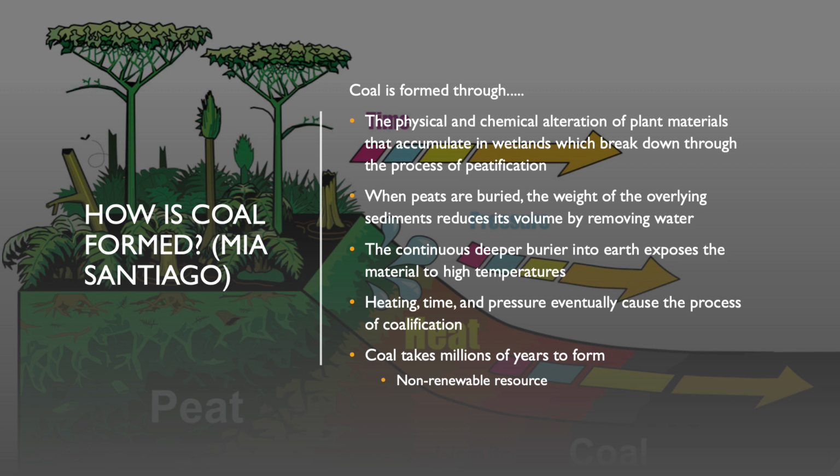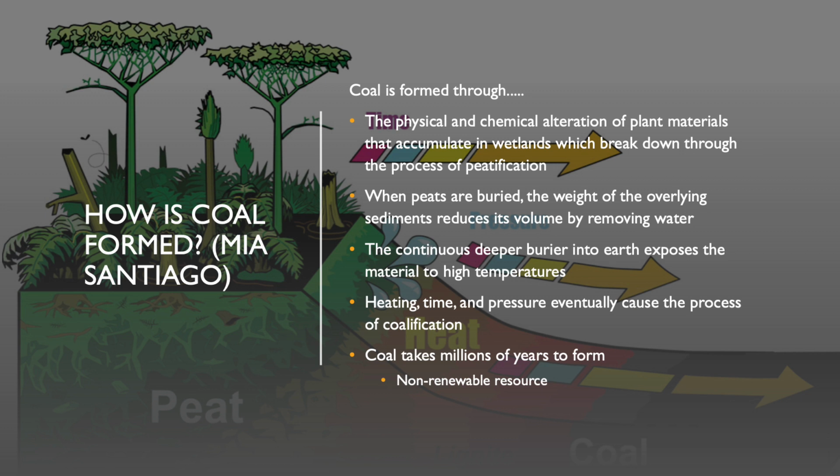Next, I'm going to be talking to you guys about how coal is formed. Pretty much, coal is formed through the physical and chemical alteration of plant materials that accumulate in wetlands, which are then broken down through the process of peatification. Peatification occurs when peats are buried and the weight of the overlying sediments reduce their volume by removing water.